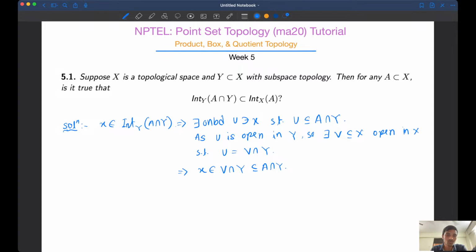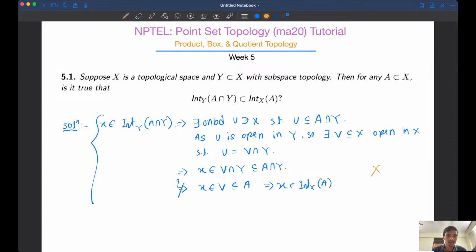So it is not implied that x belongs to V contained in A. If we could say this, then that would imply that x belongs to the interior of A. But we can't say this step, because V might be a bigger set than A; the intersection is contained inside A intersection Y, but V itself might not be inside A. So actually it is not true.